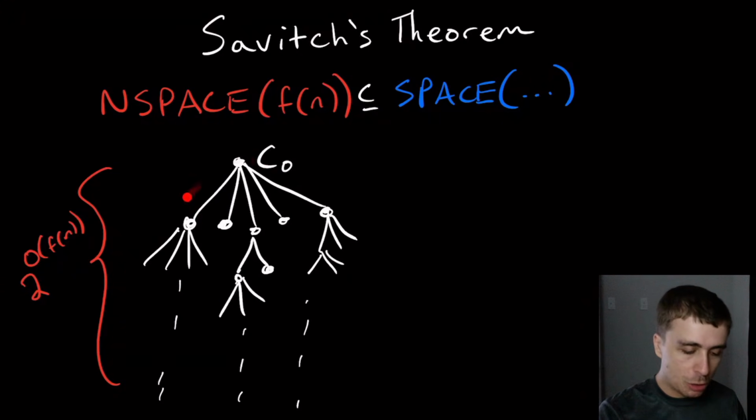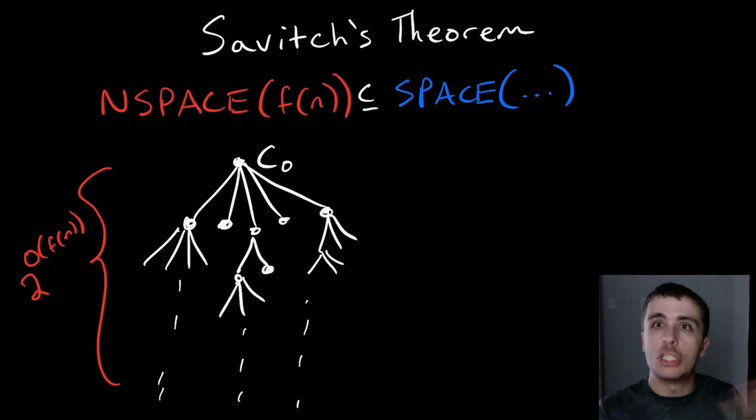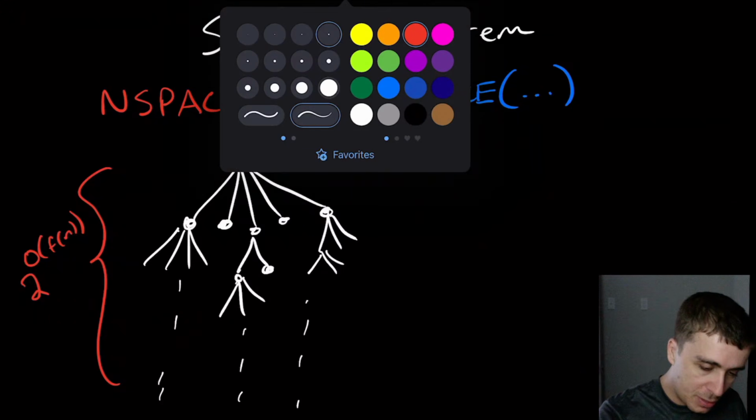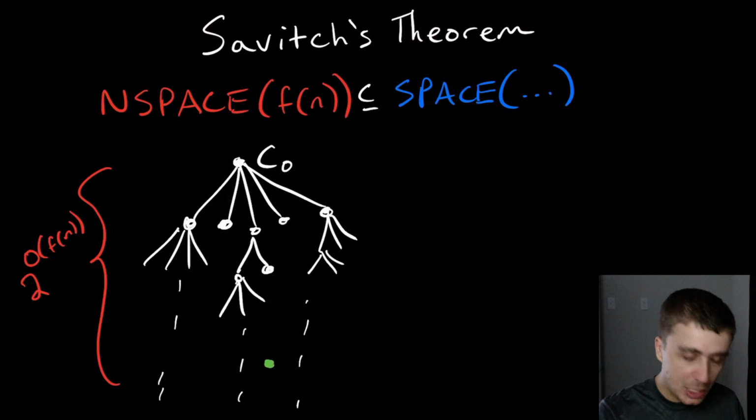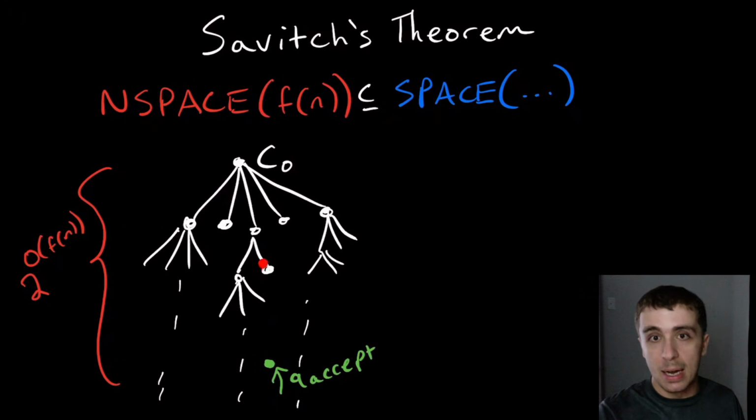We try all possible things right here after one step, and then from each one of those we try all the possible things of 2 steps, and just keep track of every single one of them. If there's a configuration that has q accept, say right there, which means there's some way to get from the top to the bottom, then we will accept.